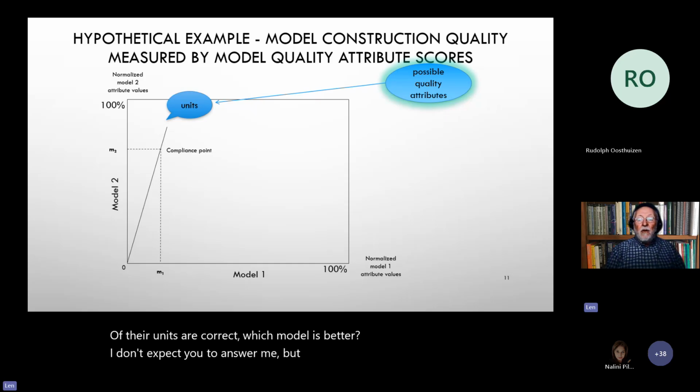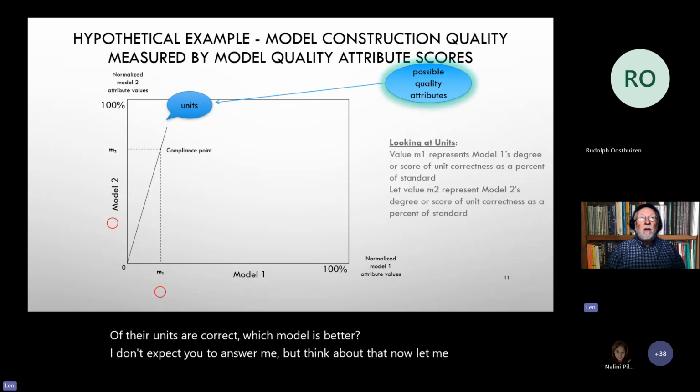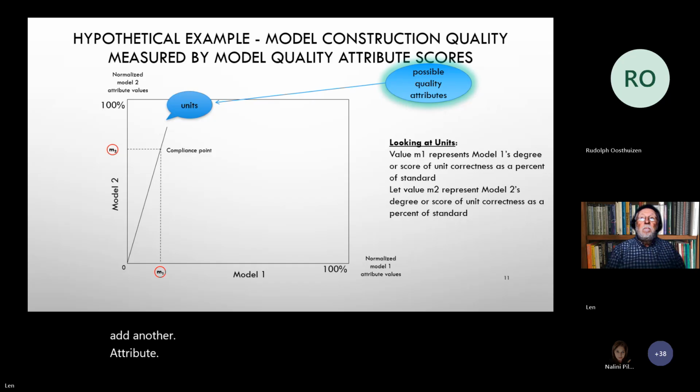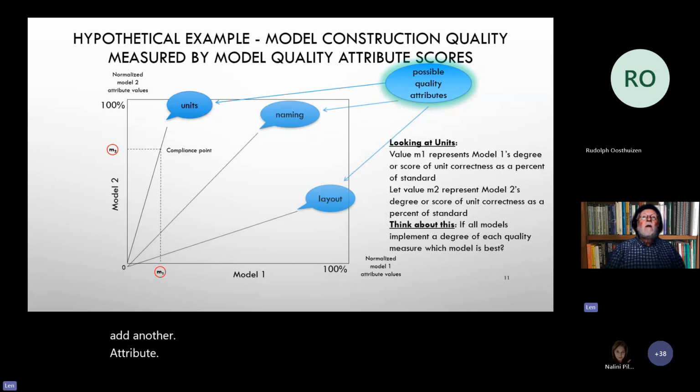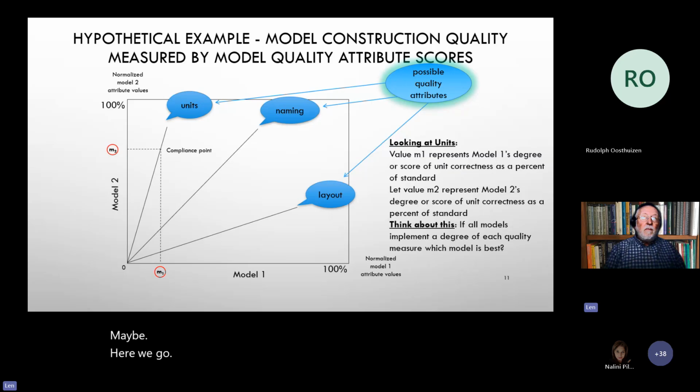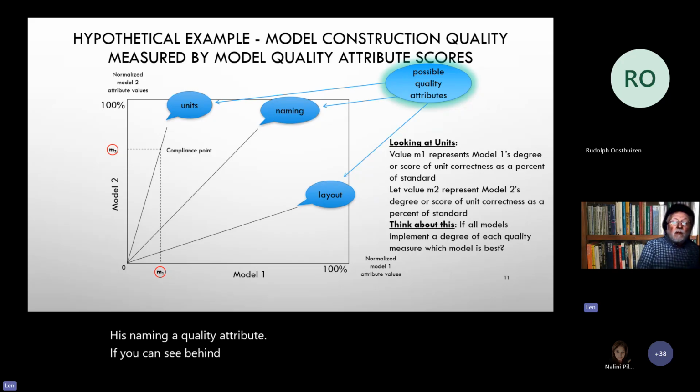Now let me add another attribute. Maybe. Here we go. How about naming? Is naming a quality attribute? If you can see behind me, I don't think you can. I'm trying to see where those books are in my background.